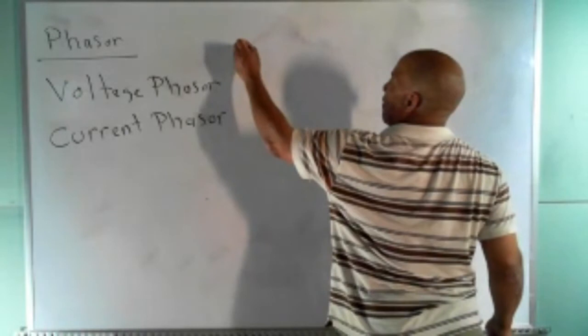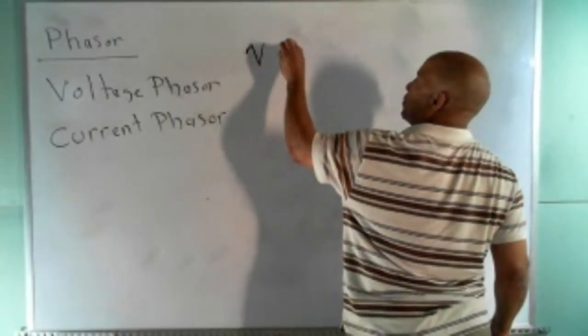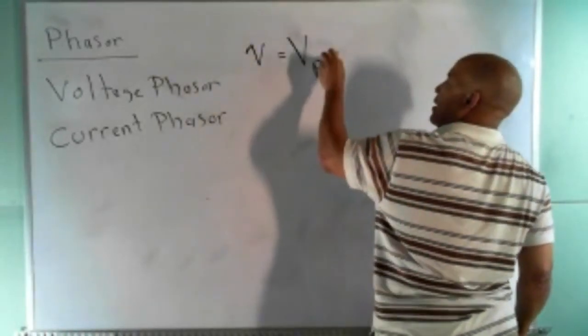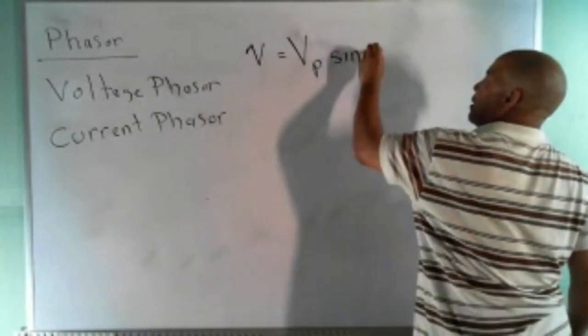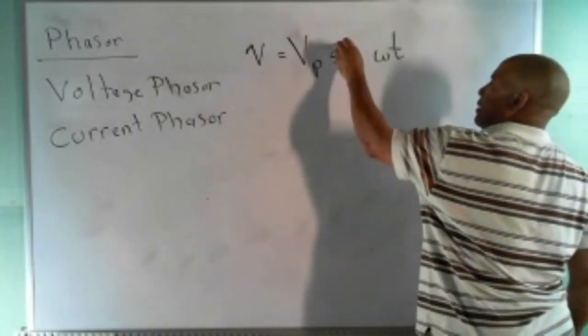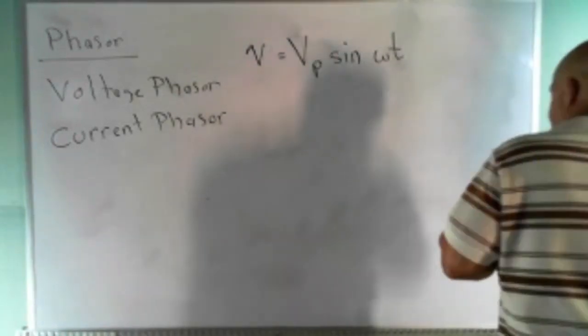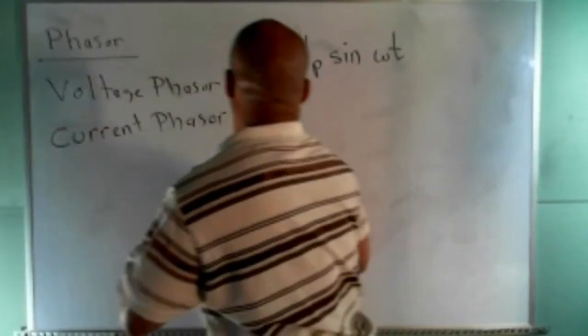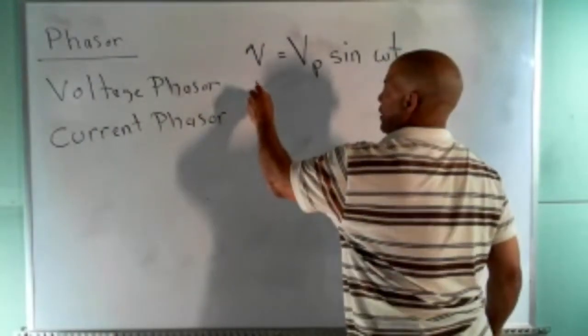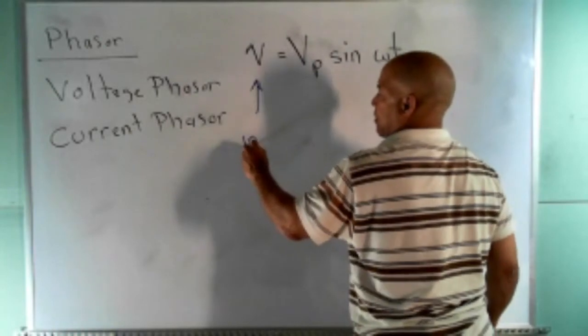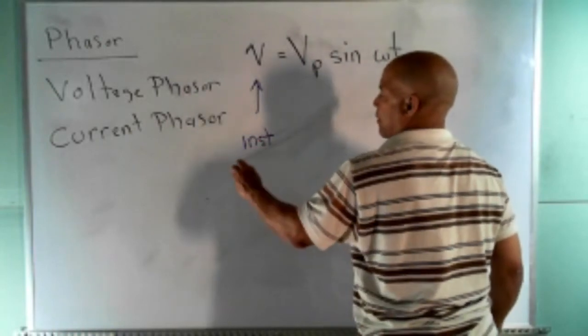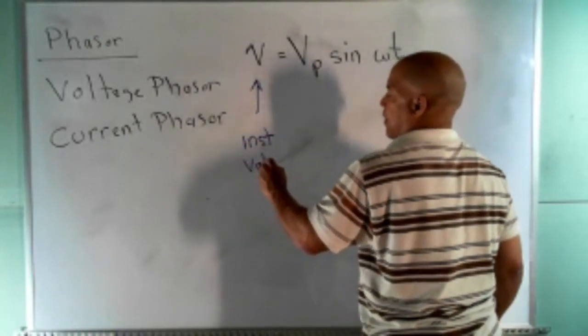So remember I have V equals V peak sine omega t. You know that, or you should know by now, that this right here is the instantaneous voltage or instantaneous value for voltage or current.